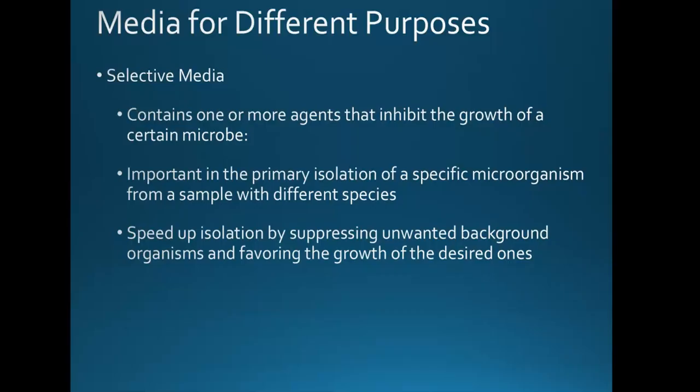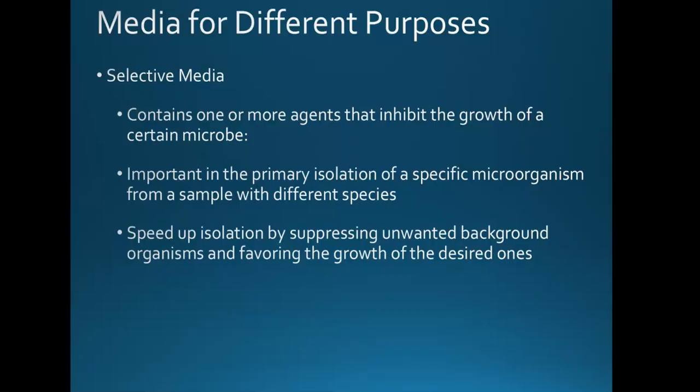Right, so as it says, it's important for the primary isolation of a specific microorganism from a sample when you have different species. So it keeps certain species from growing while allowing others to grow. All right, so as it says, it helps us get rid of our unwanted background organisms.